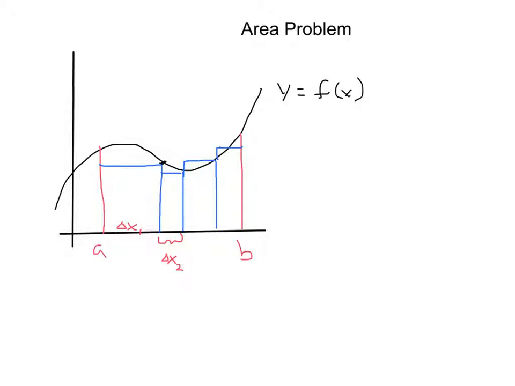Now, for our purposes, these two examples, the tangent line problem and the area problem, really illustrate the two basic branches of calculus. One of them is called differential calculus, which deals with the derivative, and the other is called integral calculus, which deals with this particular problem we're talking about here.